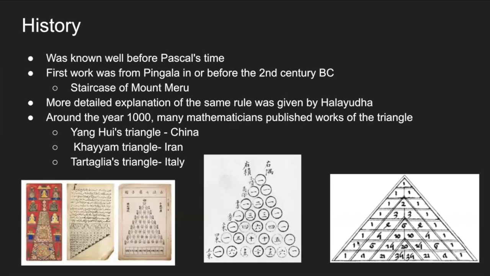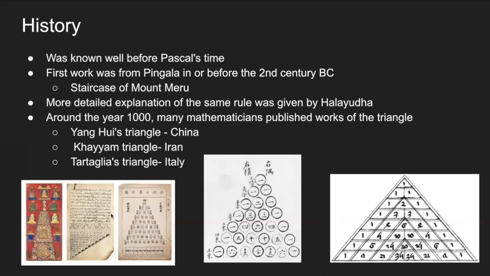He published a book called The Staircase of Mount Meru, which you can see in the bottom left corner, and that included a very simple explanation of the triangle, not really about its properties, but just the triangle itself. Years later, a much more detailed explanation of the same rule was given by Halayuda. Those were the two starting triangles of its time.